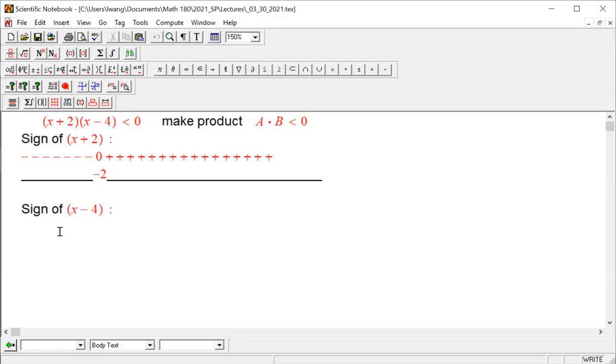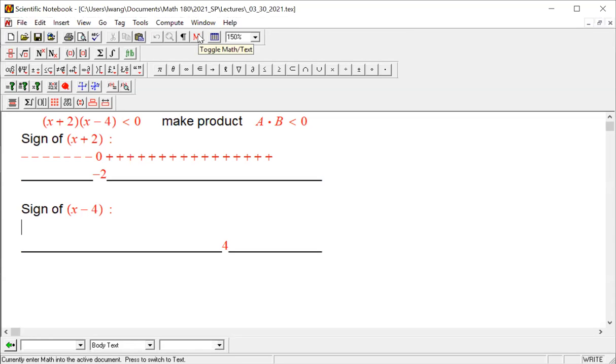Once again, number line and positive 4. Number line. And then to the left, when x is less than 4, x minus 4 are all negative.